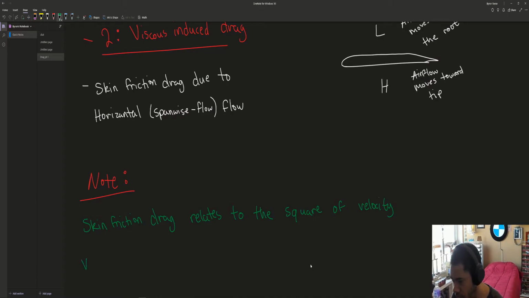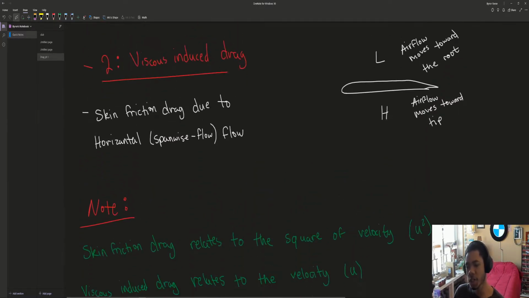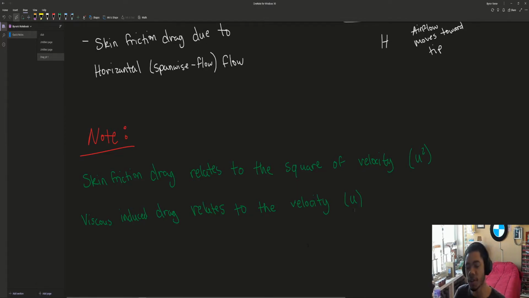Whereas viscous induced drag relates to the velocity. So, skin friction drag and the axial component from skin friction as we first talked about it. As the velocity increases, it'll increase more in skin friction than it will in the viscous induced drag region.